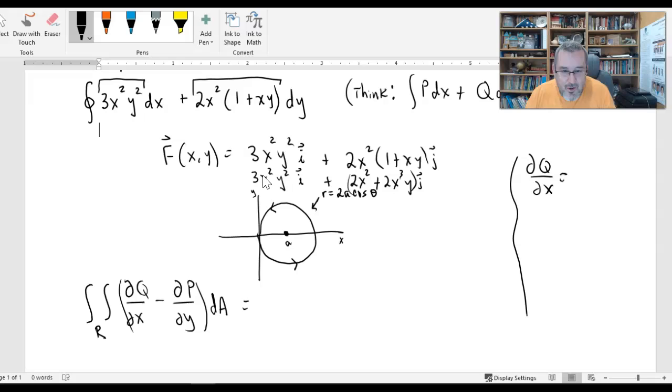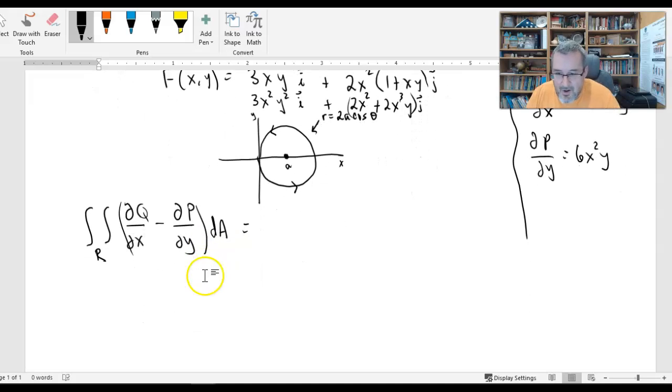So dq dx, the derivative of this with respect to x, is going to be 4x plus 6x squared y. And then dp dy, the derivative of this with respect to y, is 6x squared y.